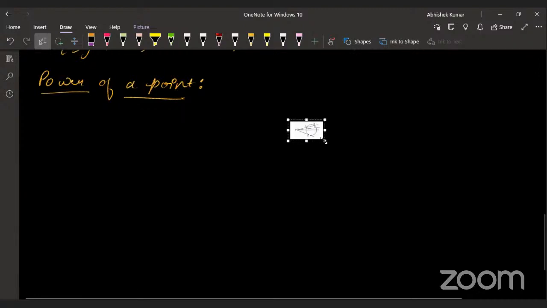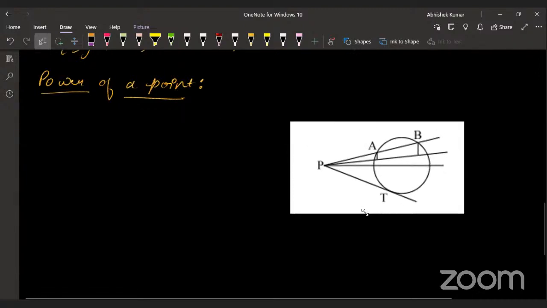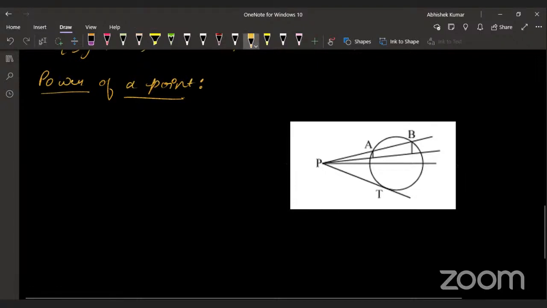That's your figure. Now, what's the meaning of power of a point? It is basically the square of the length of the tangent from this point P, and it is called the power of a point with respect to the circle.